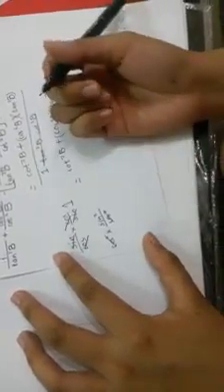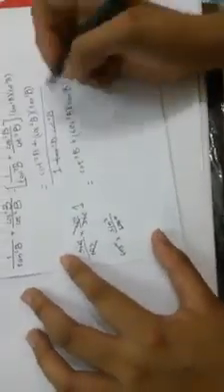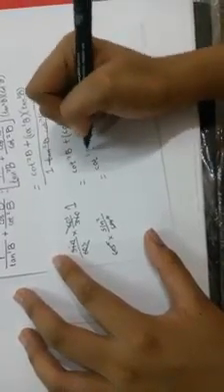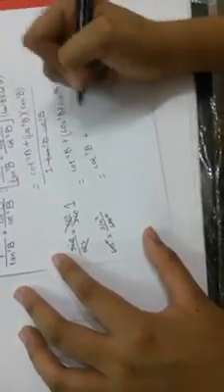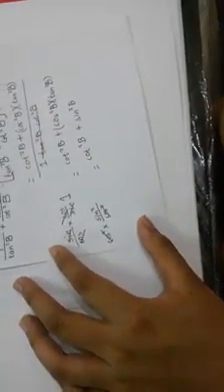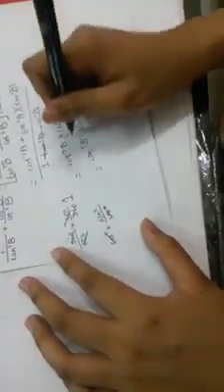Again, cosine squared will be cancelled out and it will leave you to cotangent squared B plus sine squared B. And that is the simplest form.